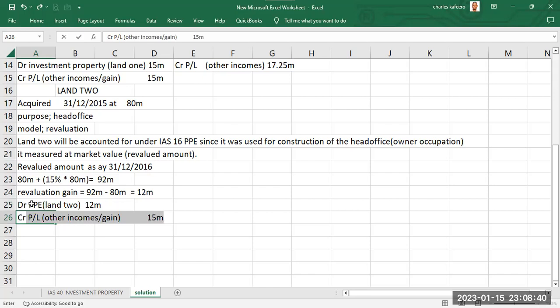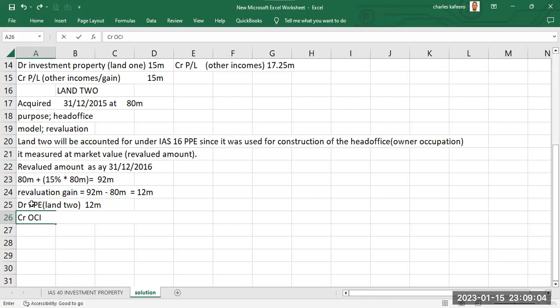We said whenever we get a revaluation, it's not actually an income that we can get, but it is just an estimate that if we go on the market, we may get this item at this price. So this one is going to be taken to the OCI, or other comprehensive income.